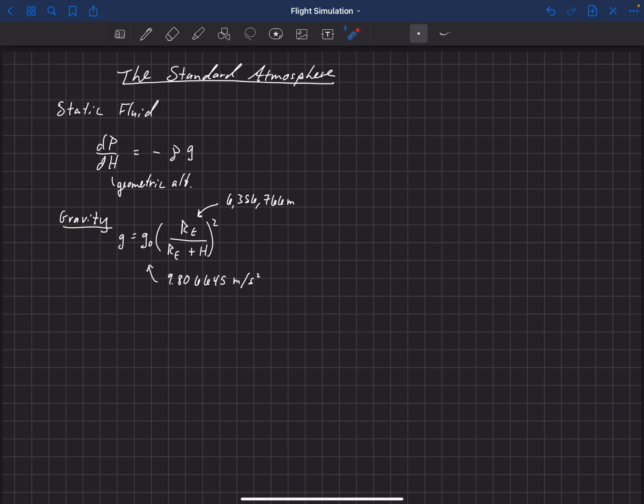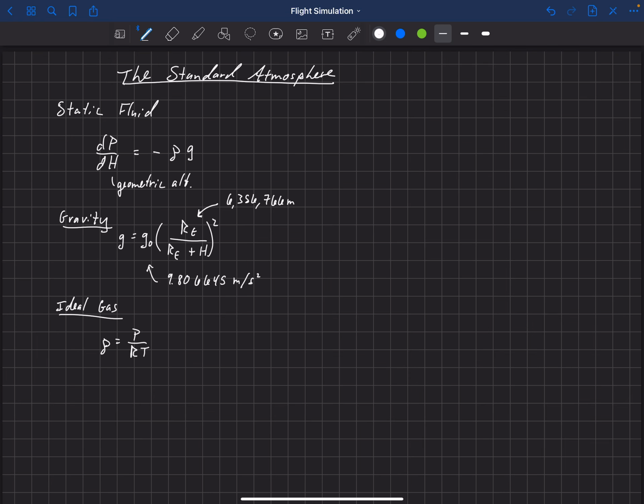One other thing that we can do with this equation is swap out this definition of density by using the ideal gas law. So if we assume that the atmosphere is an ideal gas, then density is related to pressure from this equation, which you should all recognize. So rho equals P, the pressure, over RT.